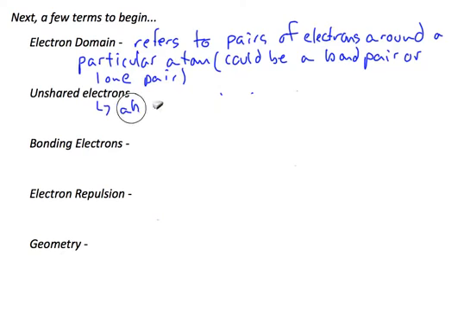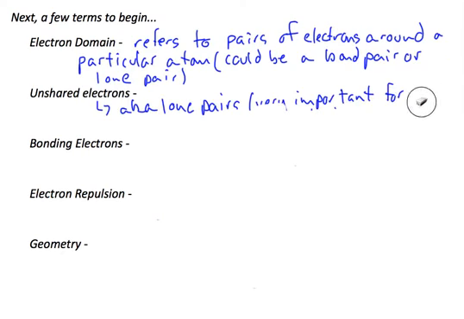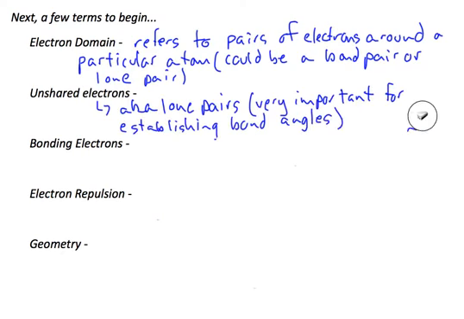Unshared electrons. We all know what unshared electrons are. These are known as lone pairs. And again, in VSEPR, we're really only interested in the lone pairs around a particular central atom or atomic center. We're not really interested in, for example, the lone pairs of chlorine in carbon tetrachloride. We're not worried about those electrons on the bonded atoms.